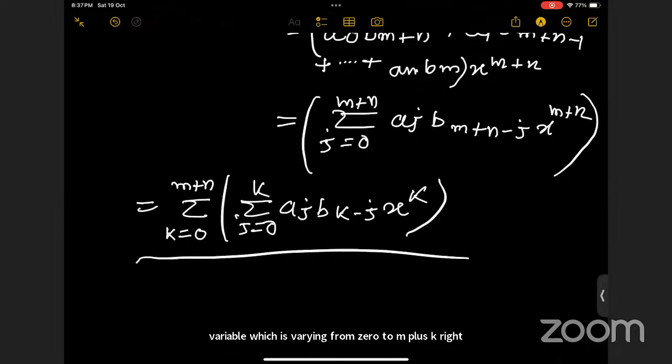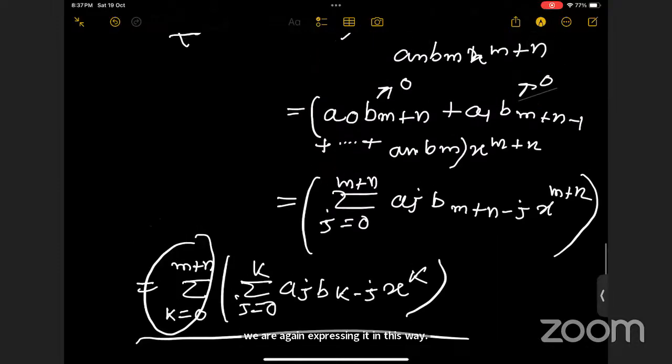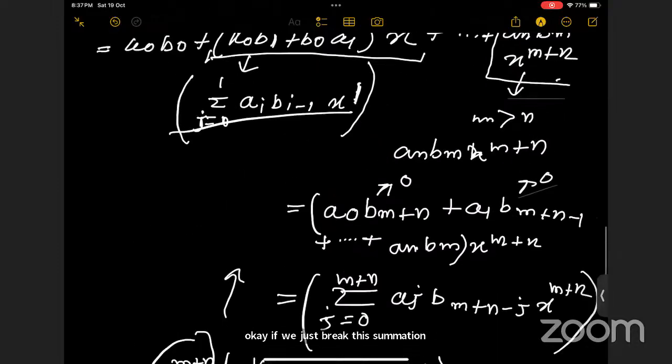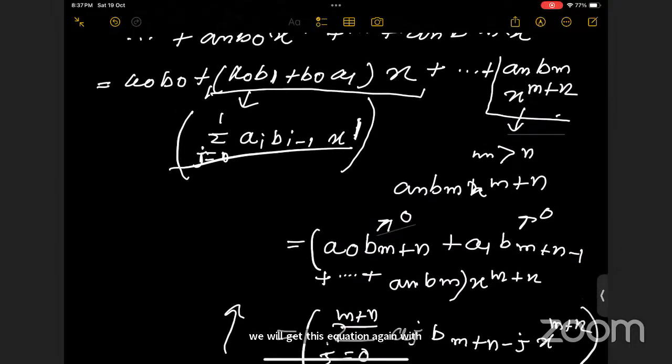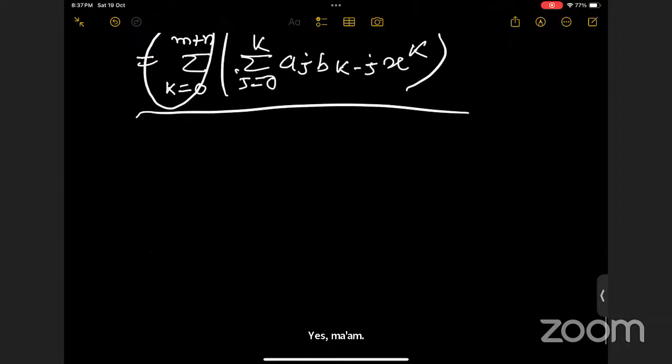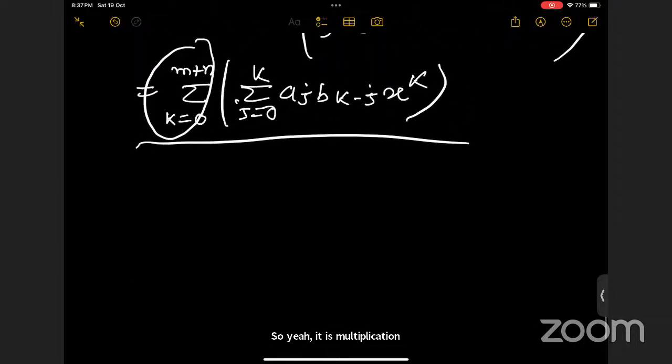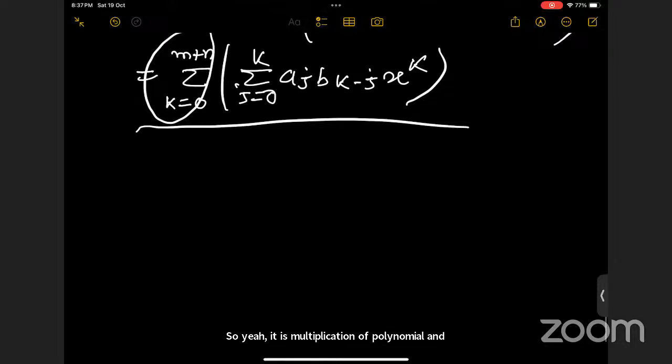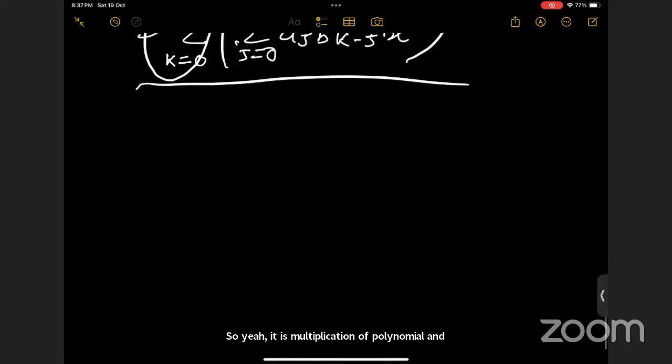If we break this summation, we will get this equation again with the summation of all the terms. Is it clear now? Yes, ma'am. So it is multiplication of polynomials, and that is how we can express it in a general formula.